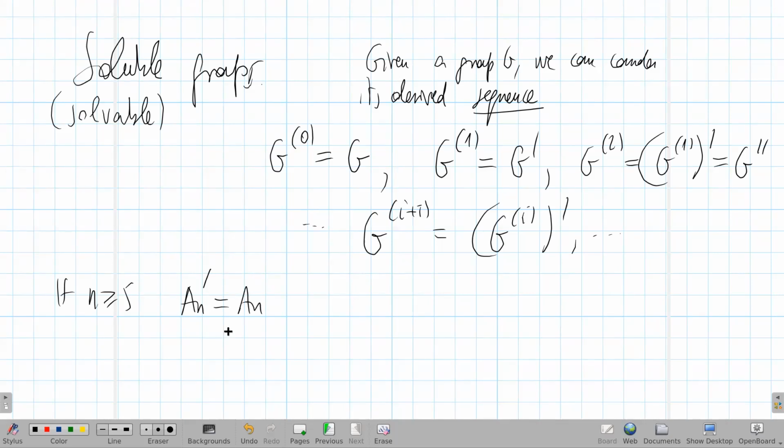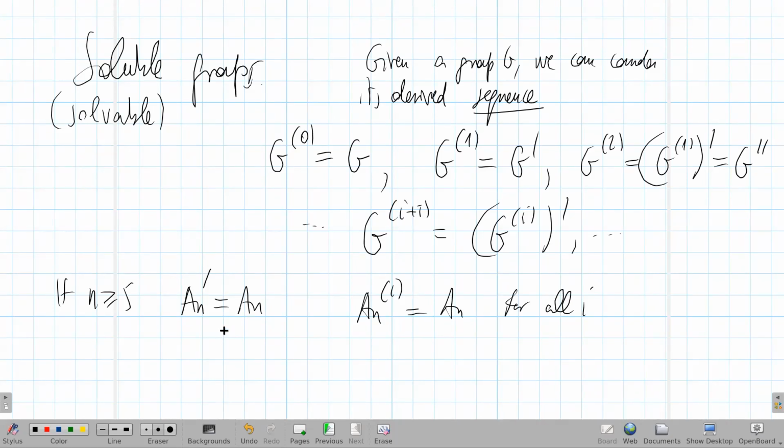And so what happens if you take this sequence in the alternating group? Well, simply that all terms will be the same, because you keep taking the derived subgroup of A n, but it is always A n. So in this case, we have G to the i equals A n for all i, because you take the first derived subgroup and you stay there, and so on.